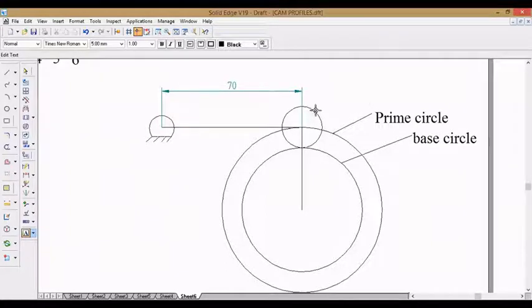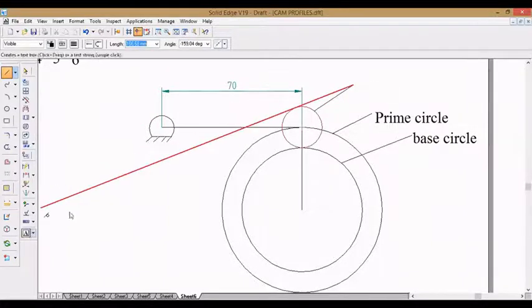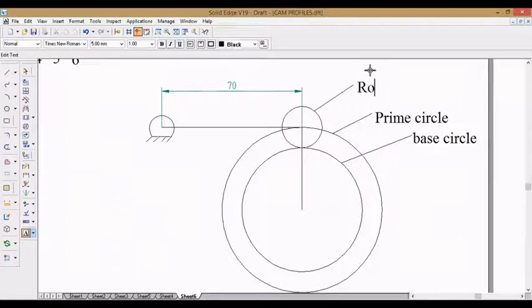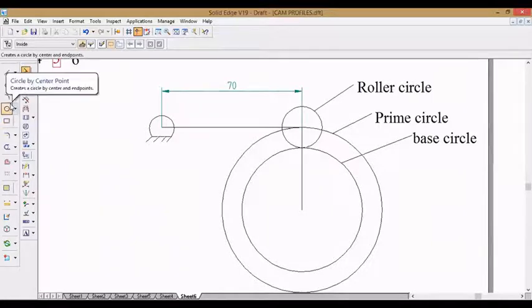And this is the roller circle. So 3 circles you already got. You will get one more circle for the oscillating follower. That is the pivot circle. So how to get the pivot circle?